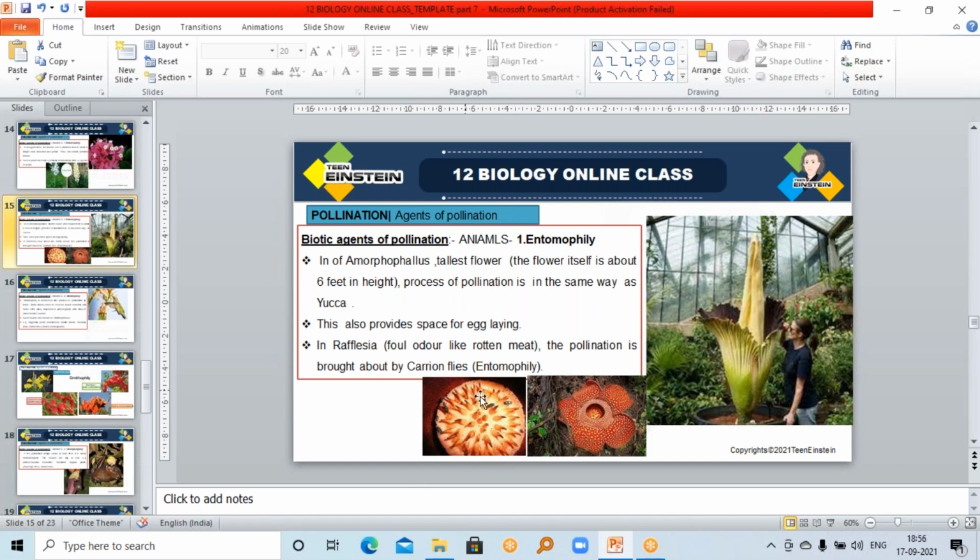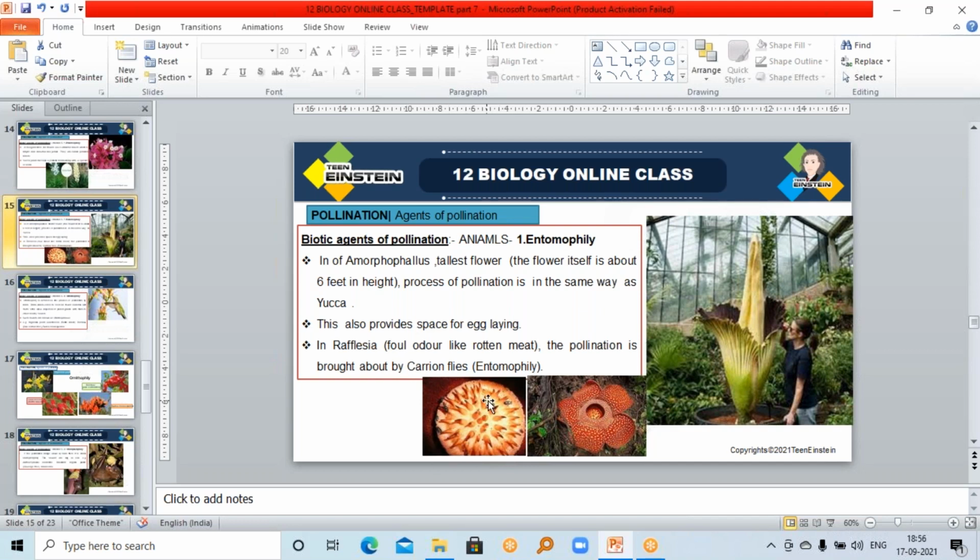And in the case of Rafflesia, this is the Rafflesia flower. It has an odor, the smell is like rotten meat. And the pollination is brought about by carrion flies. This is an entomophilous plant and carrion fly. You can see the flies here.